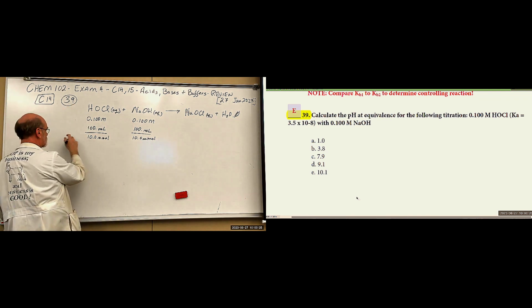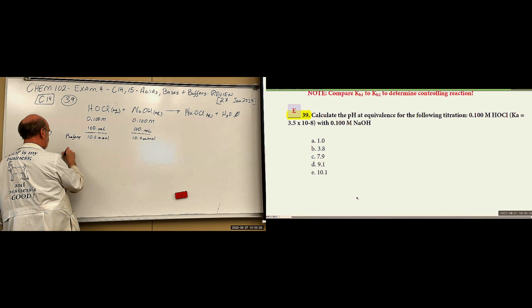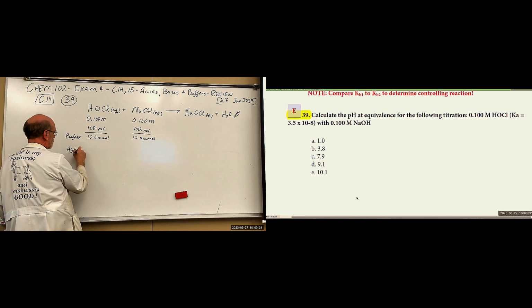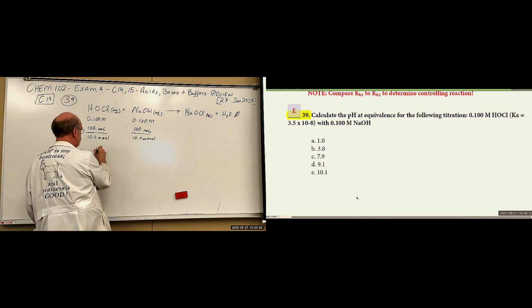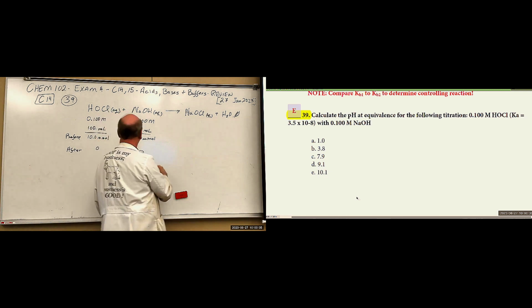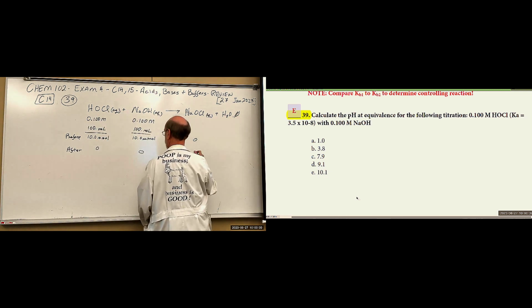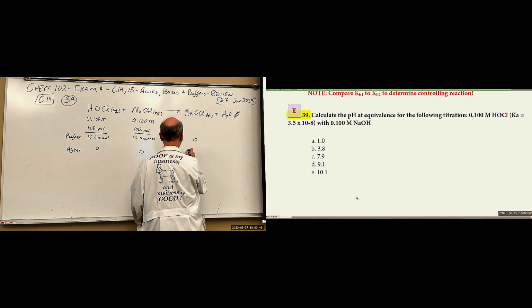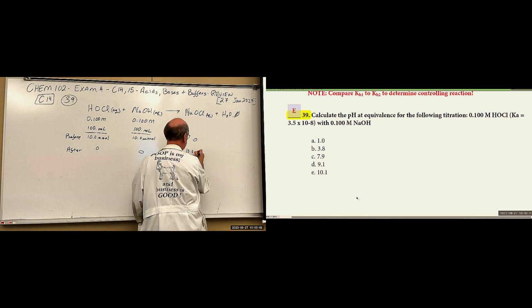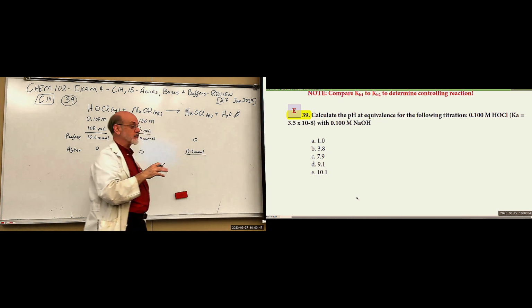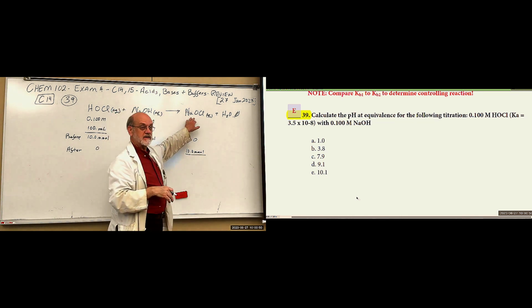So this is before and after. So after would be what? We get 0 here and 0 here. Before would be 0 there, and whatever that is. And we're going to have 10 millimoles here. And now we can calculate the concentration of this species.